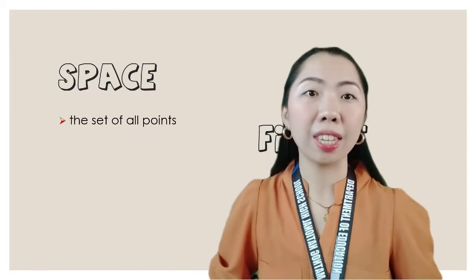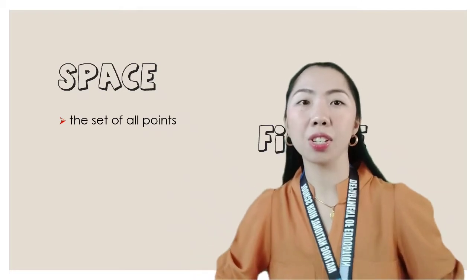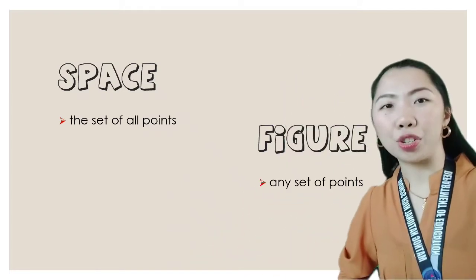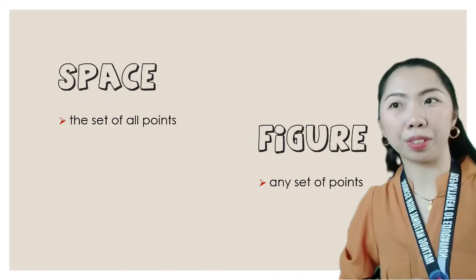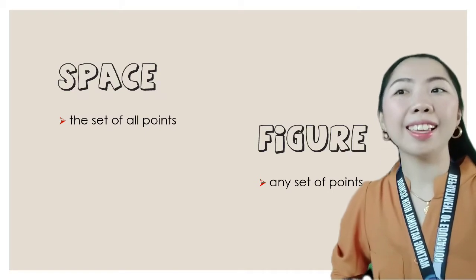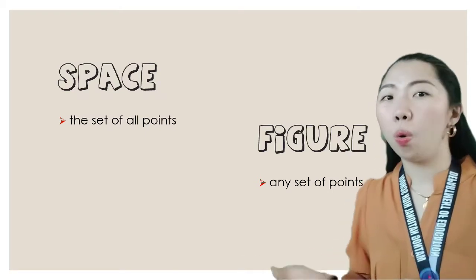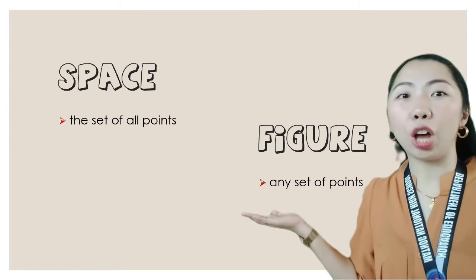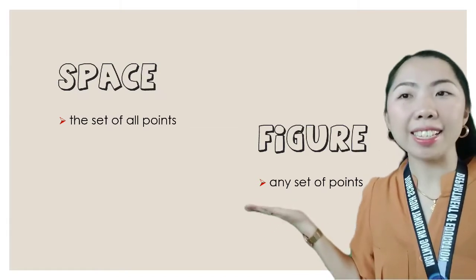Can you identify them? Maybe not, because they do not have a given definition. But if we give them these definitions, we can understand these terms now. For example, space is the set of all points, while figure is any set of points.